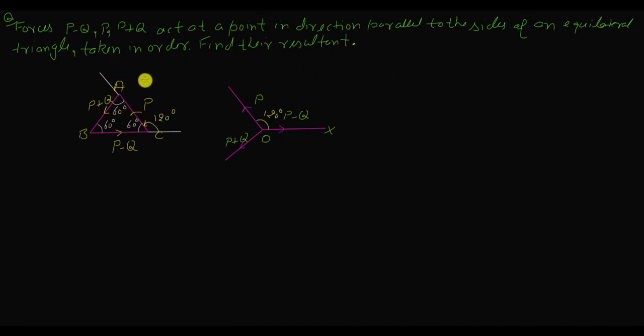What is this angle? Once again, over a line 180 degrees, this is 60, so this will be 120 degrees. So the angle between P plus Q and P is 120 degrees.